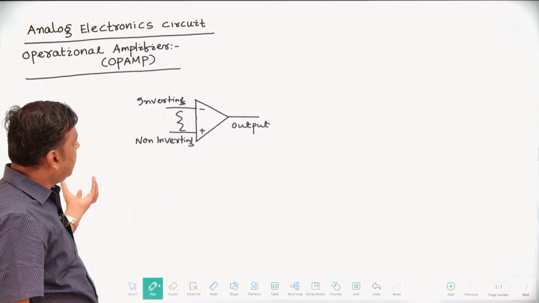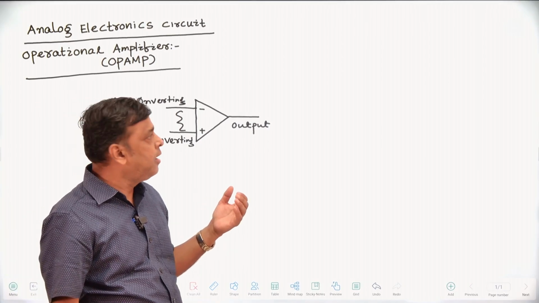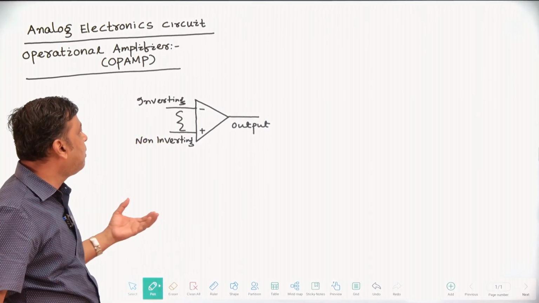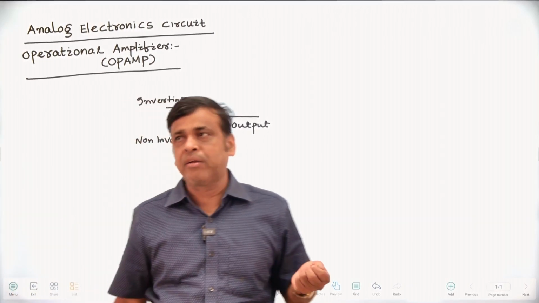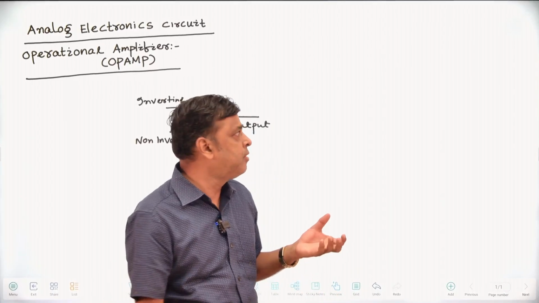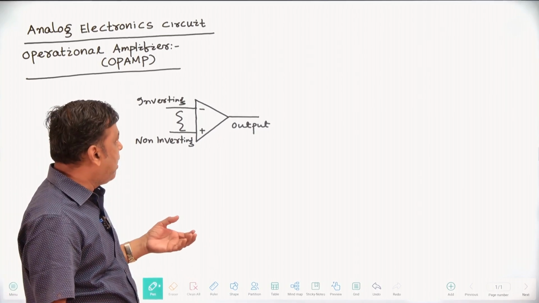So in a common amplifier, what does it mean? We can raise the strength of the weak signal by means of amplification factor. How many times the output is amplified from the input is nothing but amplification.